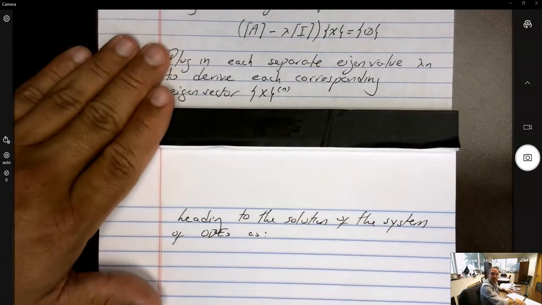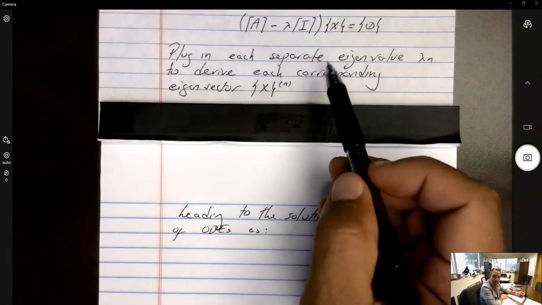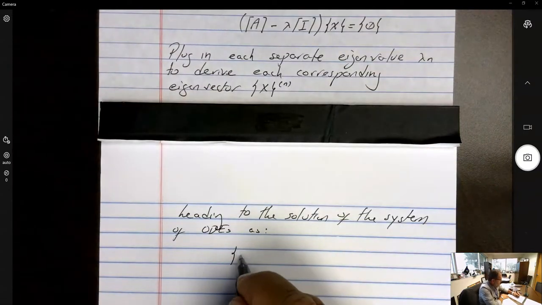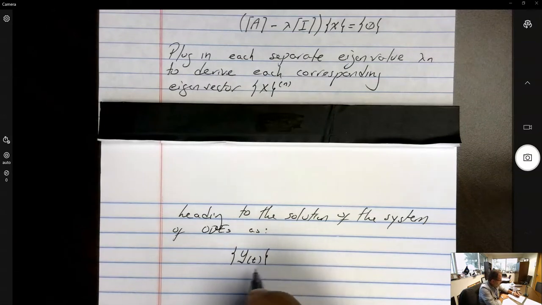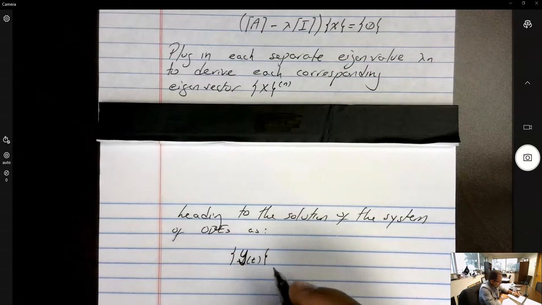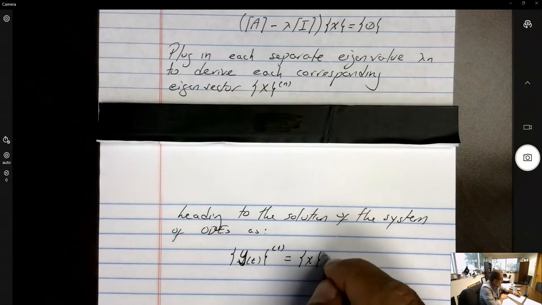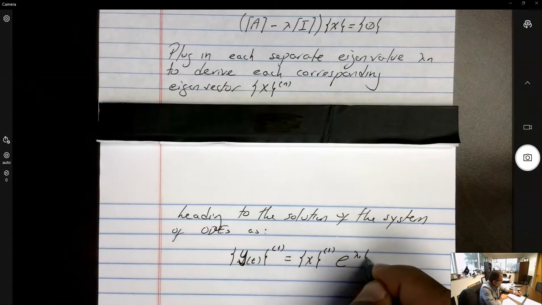Once we determine each eigenvalue and each corresponding eigenvector, we can then say that we have a possible solution y1, which is equal to the eigenvector 1 times e to the lambda 1 t.